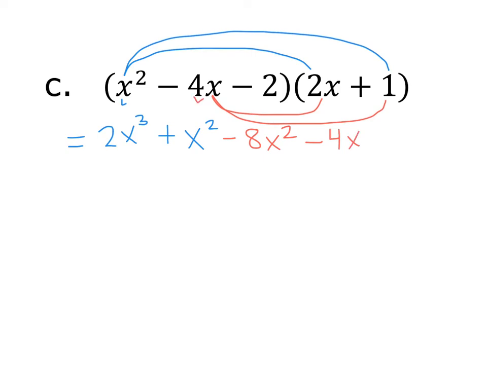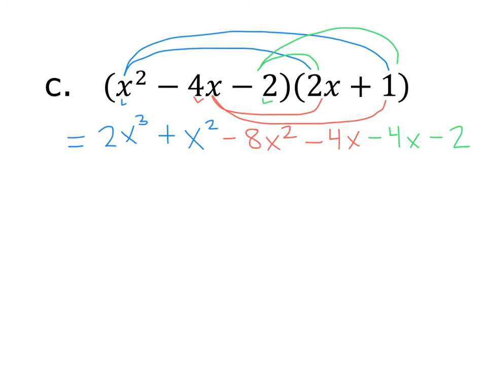And now we're done with the 4x. Now we move on to the negative 2. We multiply that by 2x and multiply that by 1. Negative 2 times 2x, we get minus 4x. Negative 2 times 1, we get minus 2. So now we've multiplied each term in the first trinomial by both terms in the second binomial. And we can combine like terms.